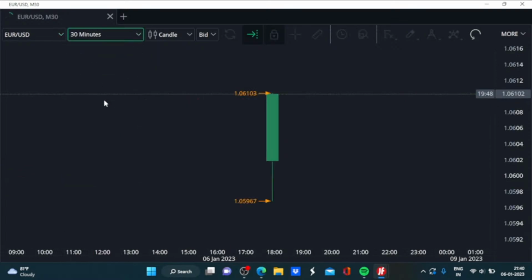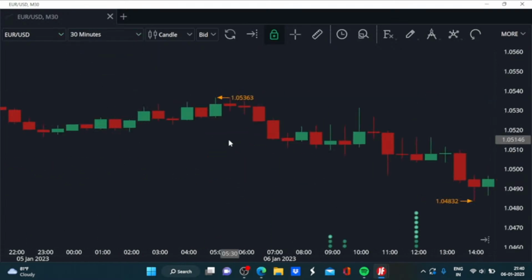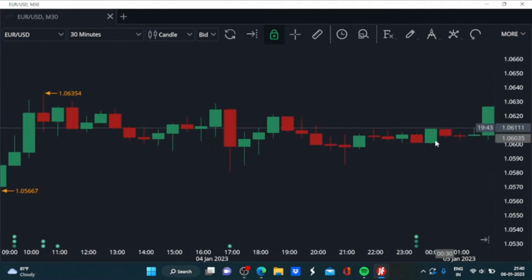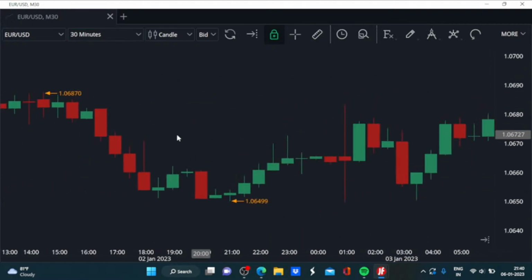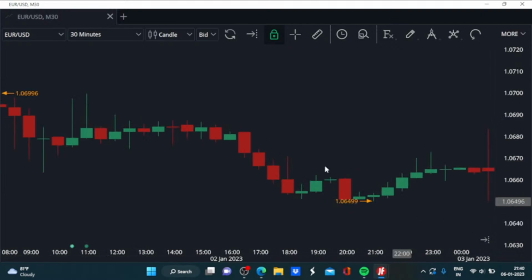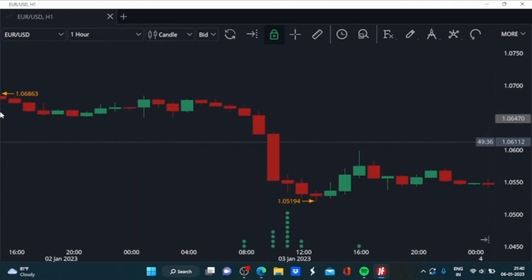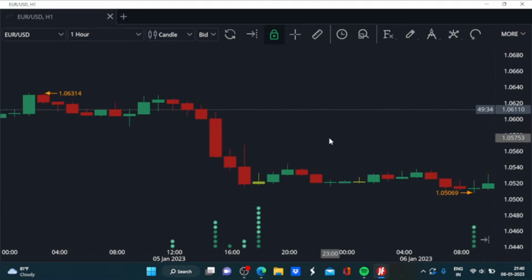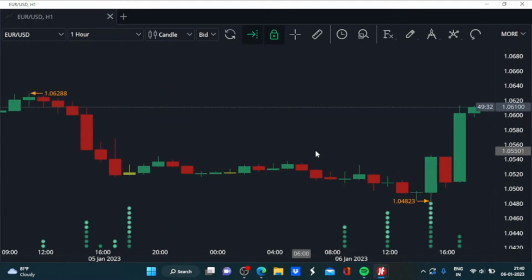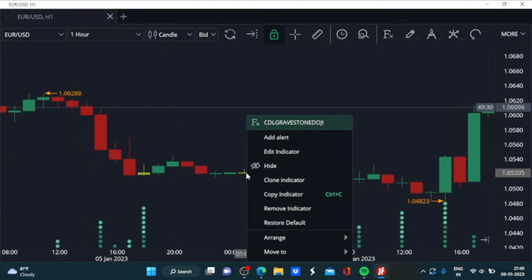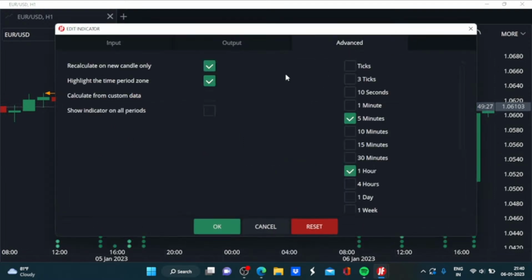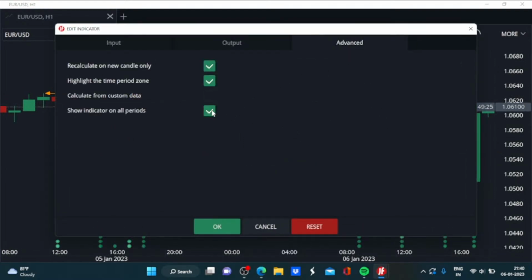But if I go for, say, half an hourly, initially we were having this pattern recognition on the chart, but now there is no visibility of the pattern recognition. But once I again shift back to hourly, we have this gravestone doji formation being highlighted on the chart. So now I am going to opt for show indicator on all the periods, so that whenever we change the candle period, we will have this pattern recognition available for us to work with.